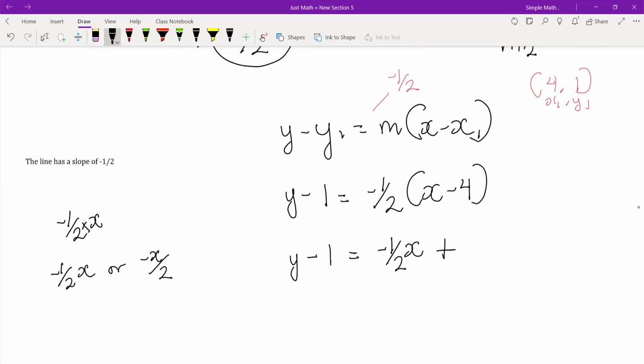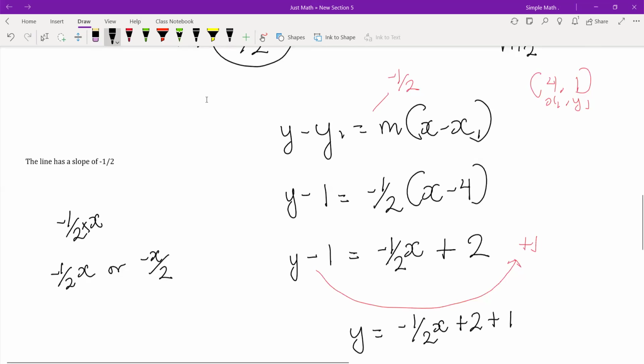So negative half times negative 4 will give us 2. Remember, we want y to be alone, so we can move this negative 1 to the other side, and it becomes plus 1. So now we have y equals negative half x plus 2 plus 1. Okay, so 2 plus 1 is 3, obviously.